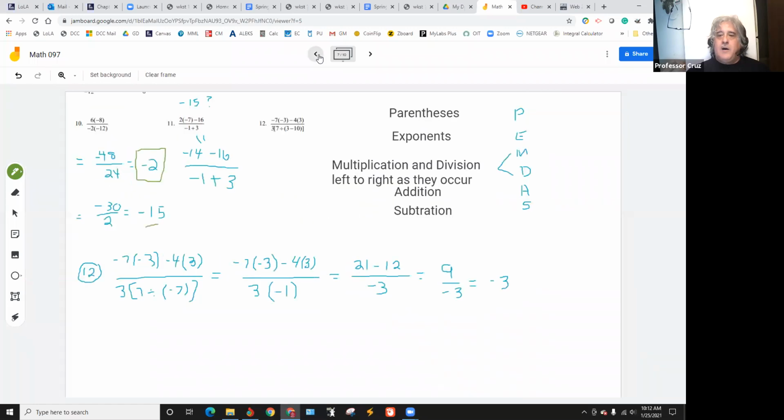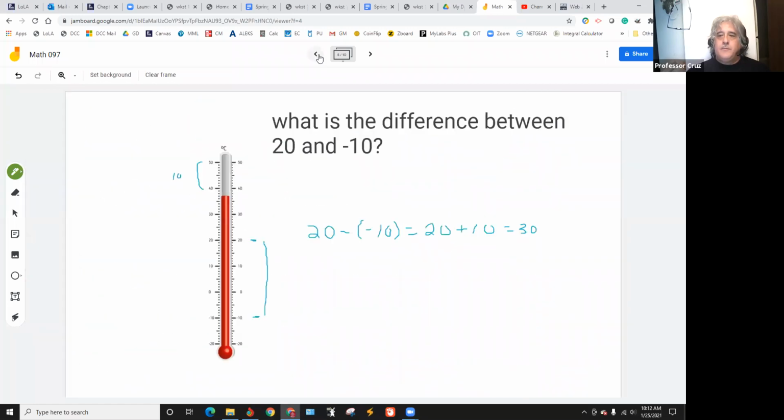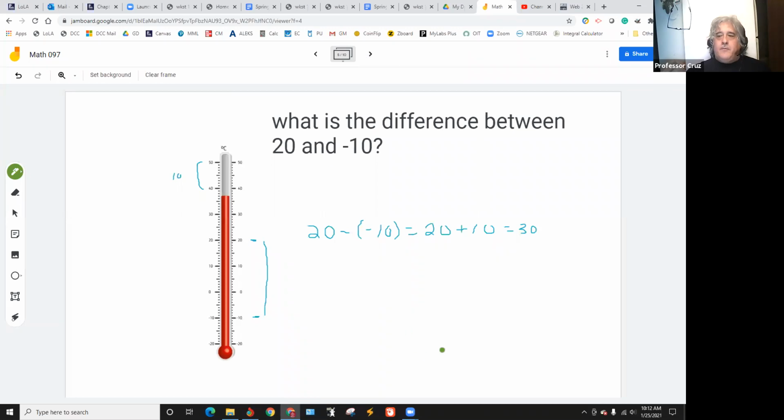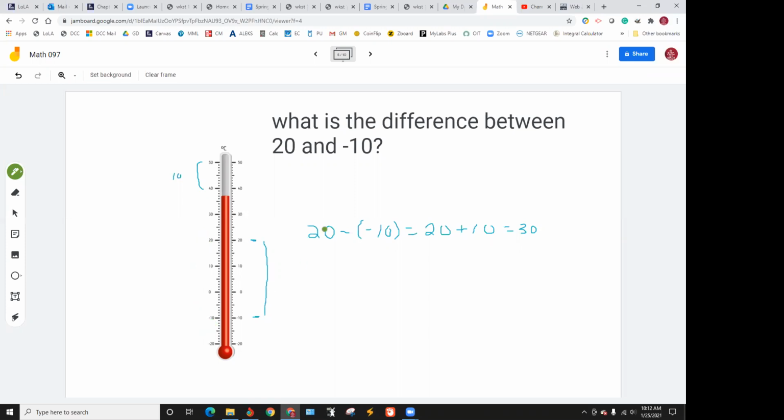All right, so what about, I'm not sure I showed y'all this, but if you're taking the difference between, in other words, if we're at 20 degrees and we're somewhere where it's cold enough to drop down to -10, what is the total drop in temperature? 30.